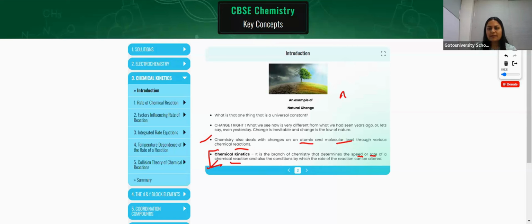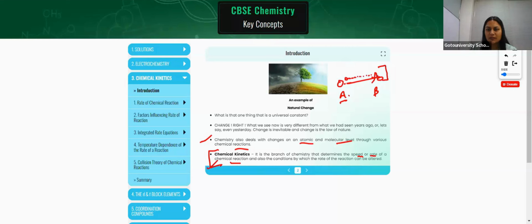Suppose this is point A and this is point B, and one person is standing here and he has to go from point A to point B. In the first case, he is taking his time. He is taking slow steps to reach point B, right?